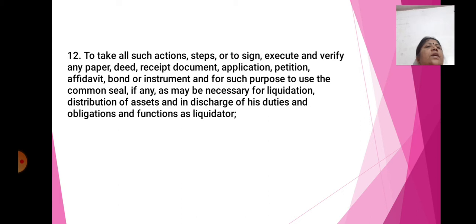Next, he can take all such actions or steps to sign, execute or verify any paper, deed, agreement, receipt, document, application, petition, affidavit, bond or any instrument, and for such purpose use the common seal if necessary for liquidation.